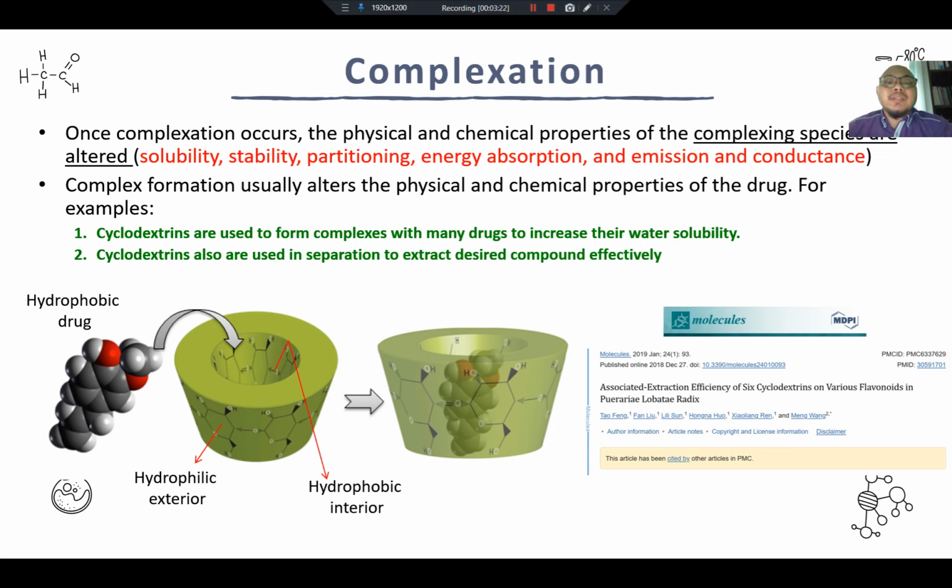How they do it is they utilize the chelating agent to trap the desired drug, and then they detrap the analyte. They can analyze it by chromatography method first. So there are a lot of applications of complexation.